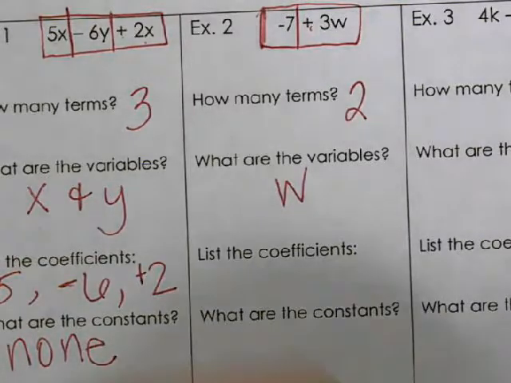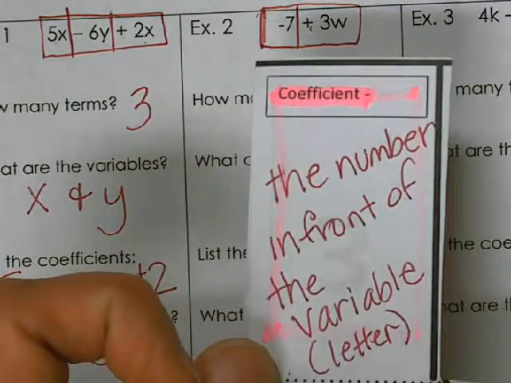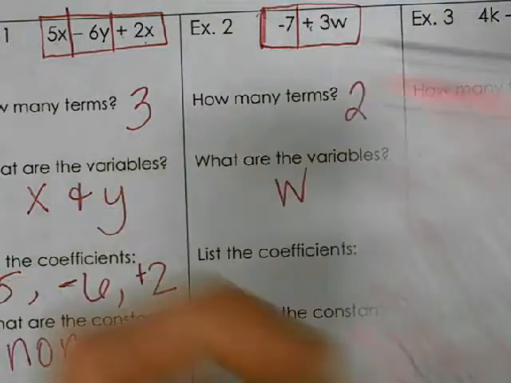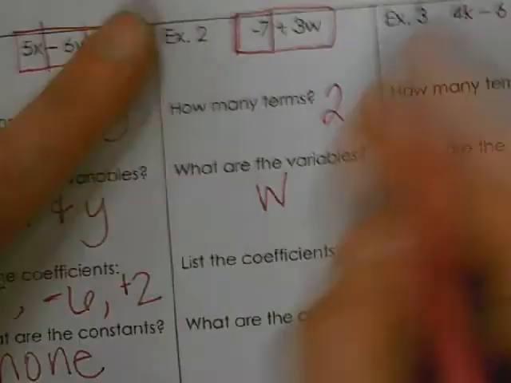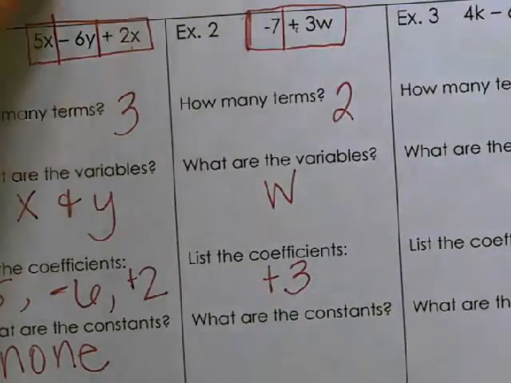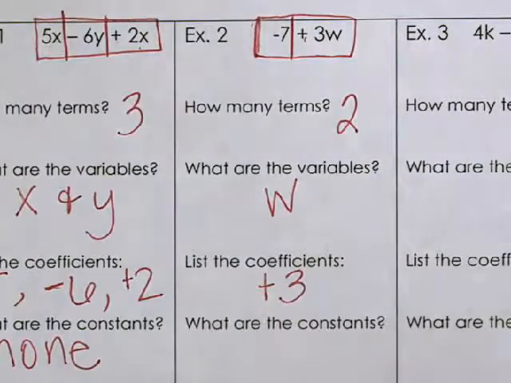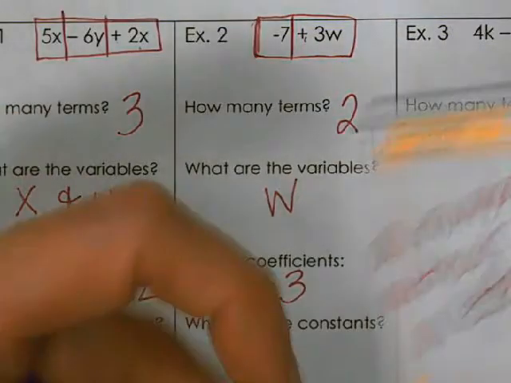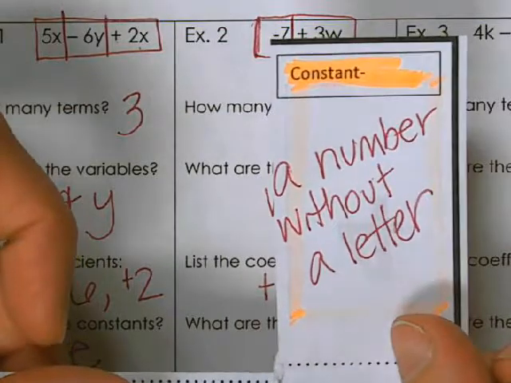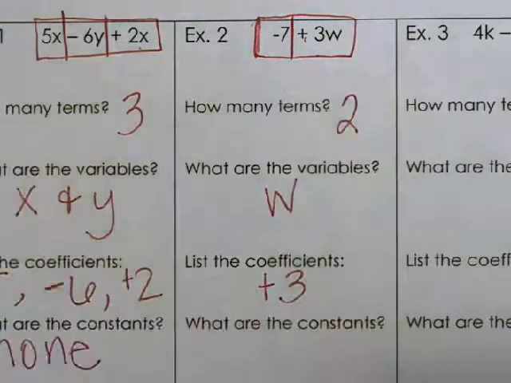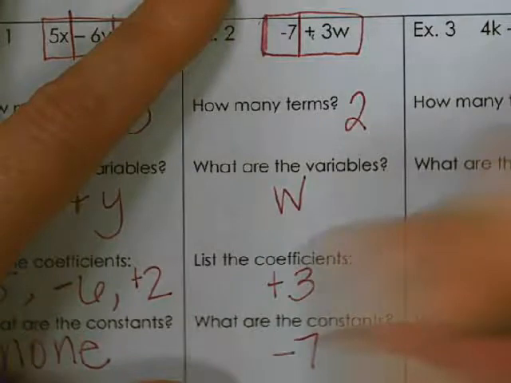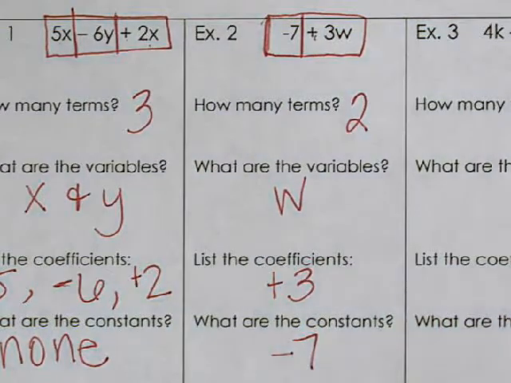What's the coefficient? The coefficient is the number in front of the variable. So that's going to be +3. And what are the constants? Remember, the constant is the number that does not have a letter. So that's going to be -7. Okay? Should be pretty simple, right?